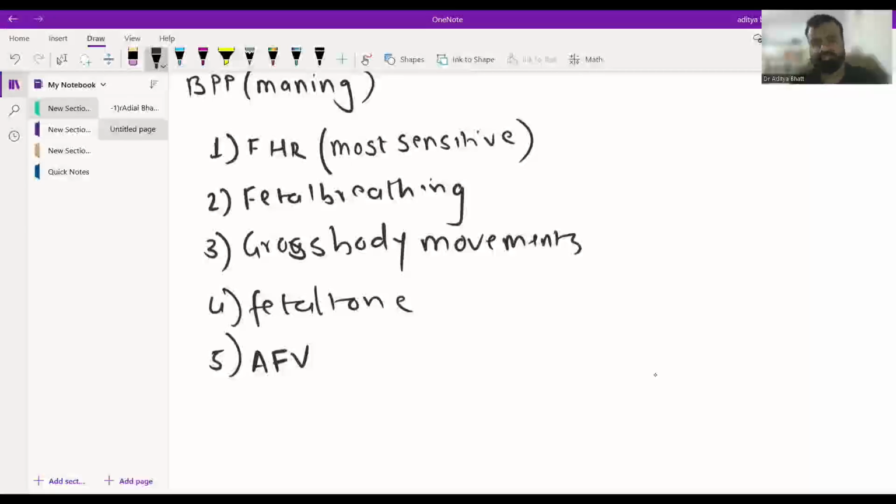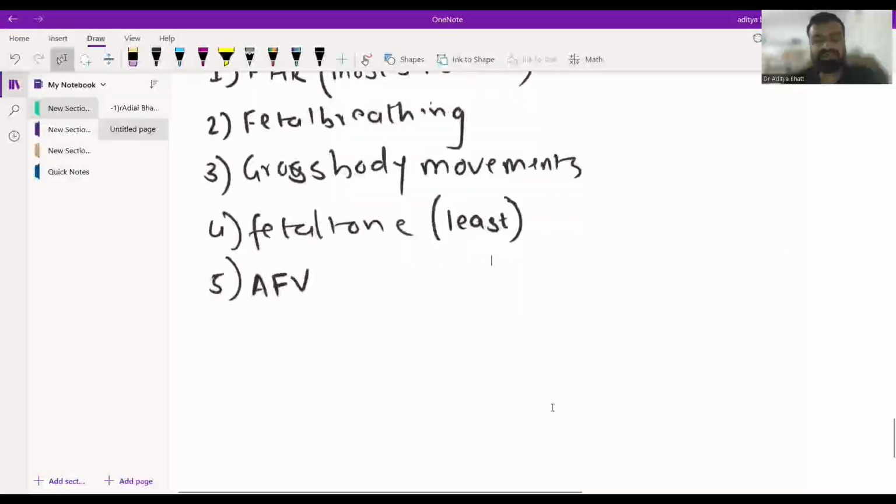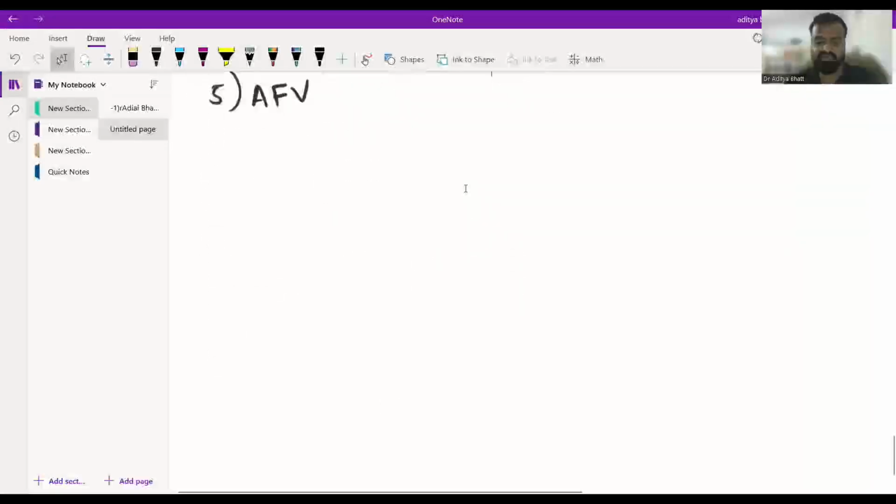The most important factor in the umbilical artery arterial blood gas value is pH. Okay, so this is very, very important: hypoxia and acidemia affect the FHR first, and the least affected is the fetal tone. Last to be affected is here.